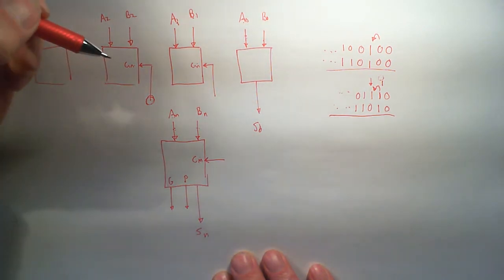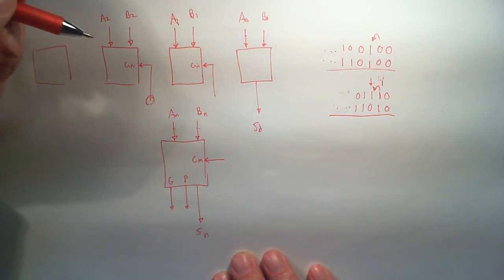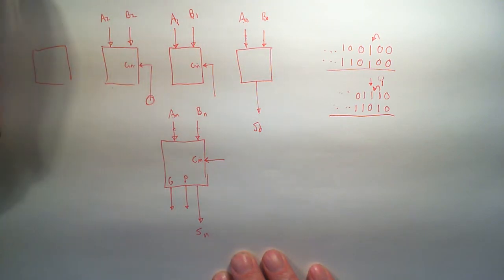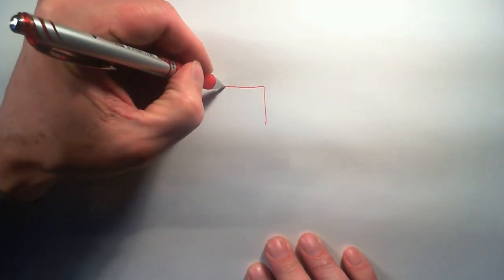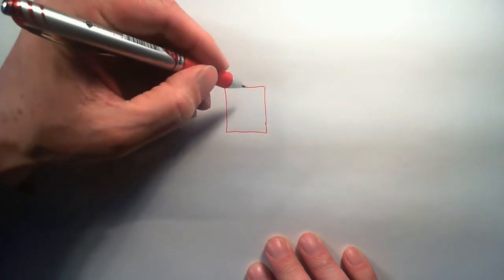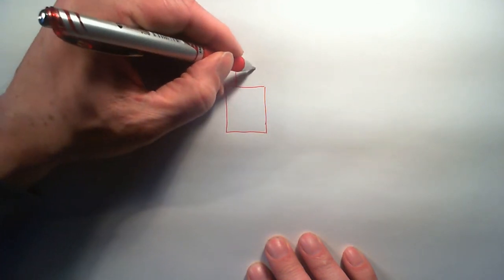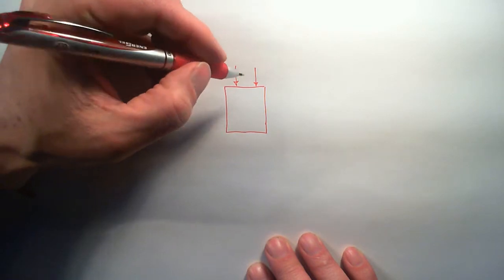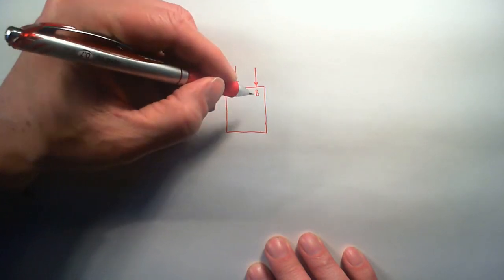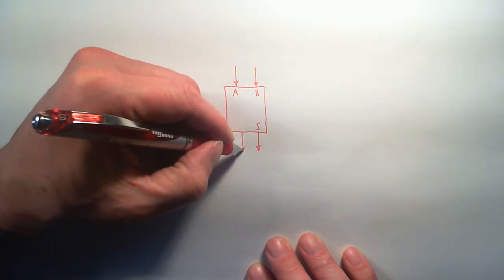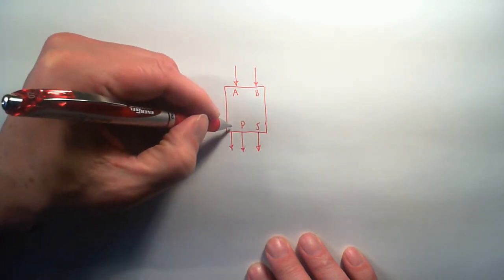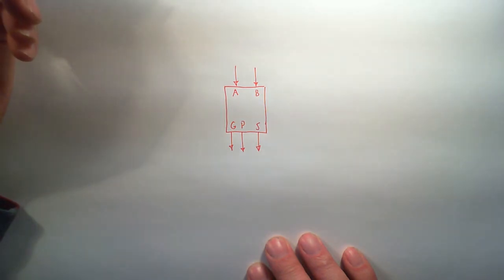So with that information, I can come up with a new bit slice circuit for a reconceived adder. That bit slice circuit is going to have bit slices just like the ripple carry adder, but the bit slices are going to have slightly different functions. Each bit slice is going to bring in the two operand bits, and each bit slice is going to produce a sum bit, a propagate, and a generate output.